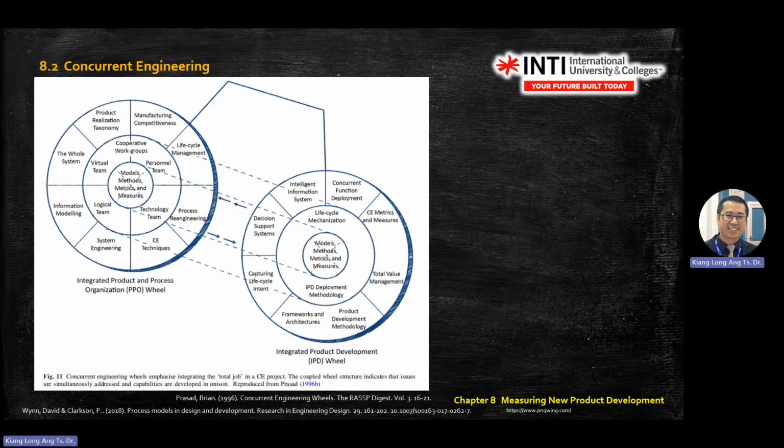So this is a wheel for IPP, Integrated Product Process. This one is Integrated Product Development Process. You combine these two, you get IPPDD. We call it concurrent or same time parallel process.